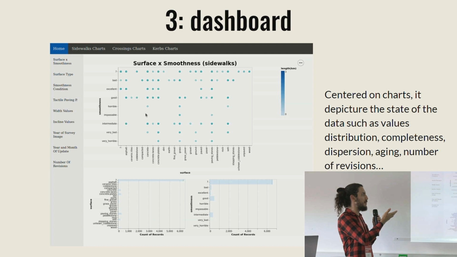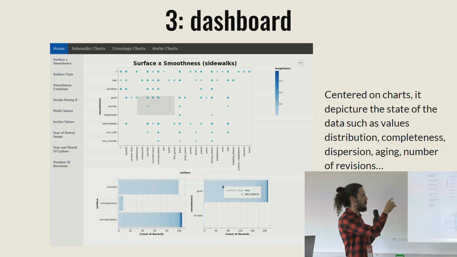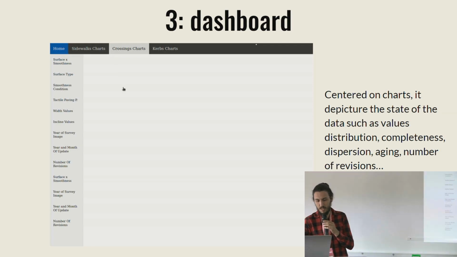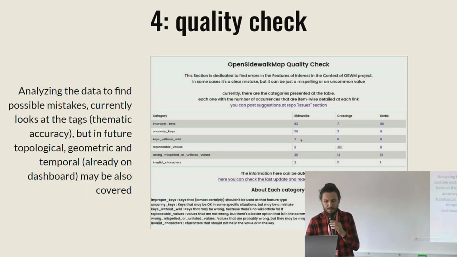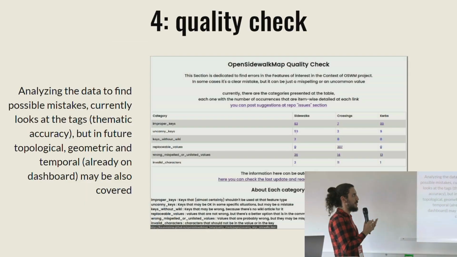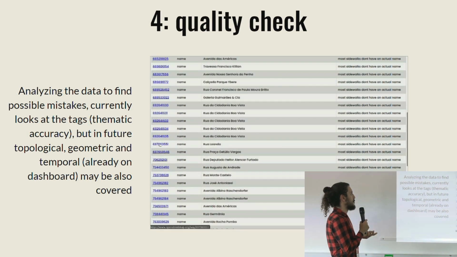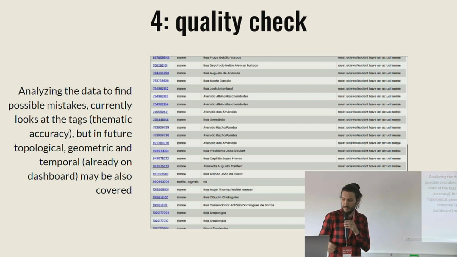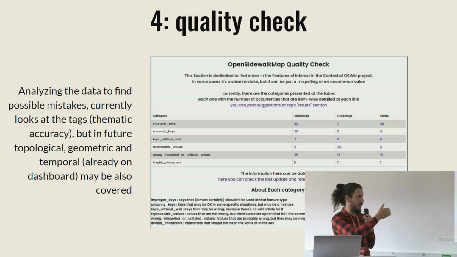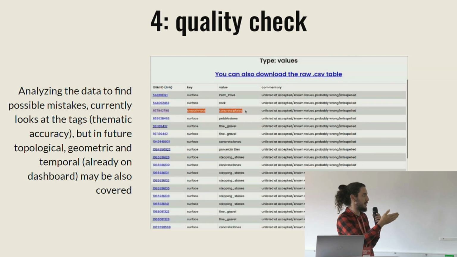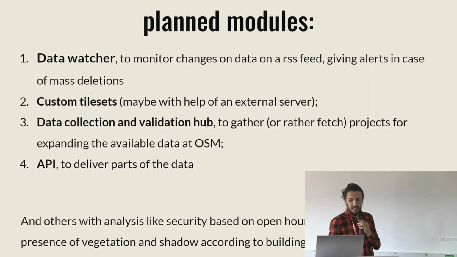And all graphics are interactive, so you can pick a slice of that data and look for it, and zoom and stuff. There's also the quality check module that analyzes the data to find possible mistakes. And they are indexed, and then you get the link to go to the feature and search, do like search and destroy.